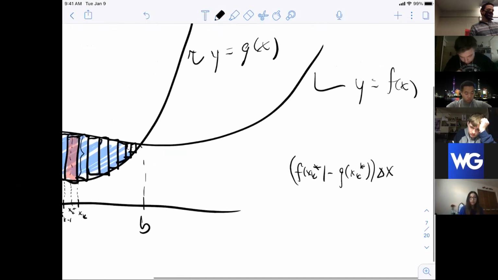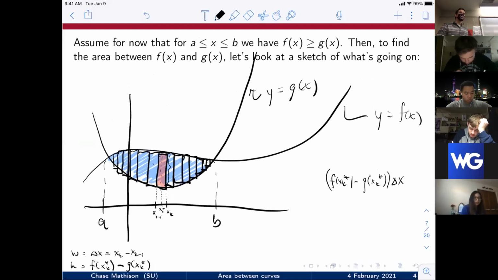Because I've kept everything really general, I zoomed in on one general rectangle. I've been using k's this whole time. Now I can say the sum of these areas is, well, I can just put a sum out here, sum k equals 1 to n. So that's my approximation. How do I make it exact?